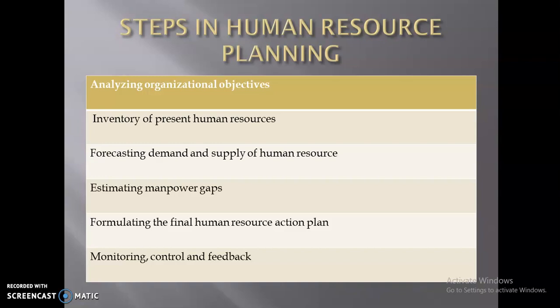Then, once I know the organizational objectives, the second thing I would do is find out the inventory of present human resource. Inventory is stock. So the number of employees at present in the organization under the various heads, namely production, marketing, finance, expansion and sales, etc.